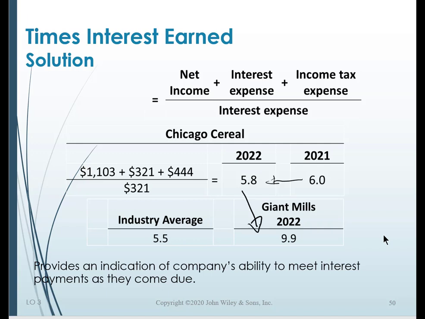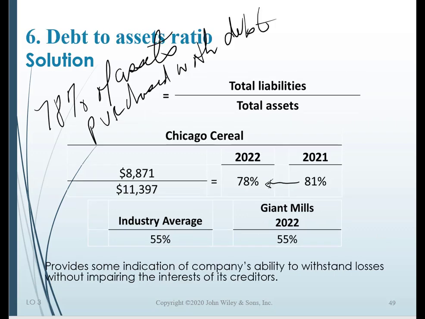Giant Mills has a better TIE ratio. They have a greater ability to pay their debt. But if we remember, they also have much less debt. So you would hope that they would have a greater ability to make payments. What I find interesting here is that we are actually better than the industry on average. So if I just go back one line, right?